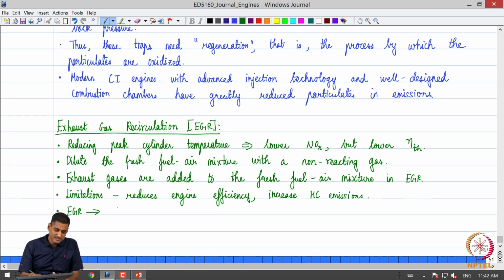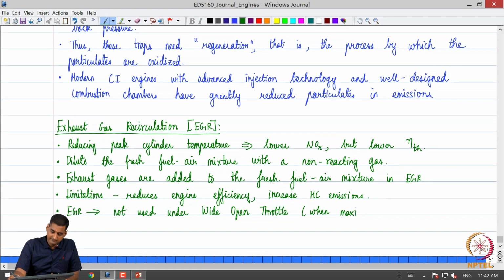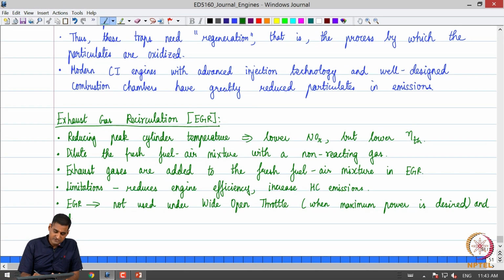So, EGR is typically not used under what is called wide open throttle, when maximum power is required, and at idling, low speeds.